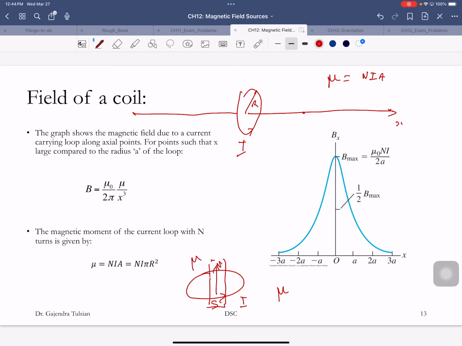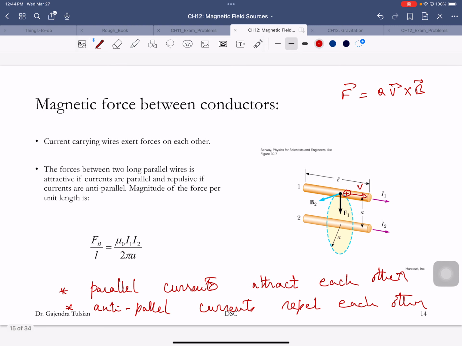And again, you use your right hand, point your fingers in the direction of the current, and your thumb points in the direction of the magnetic moment. And the strength of this moment is N, the number of turns in the coil, times I, the current, times the area of the coil. And if it's a circular coil, the area, of course, will be pi r squared.